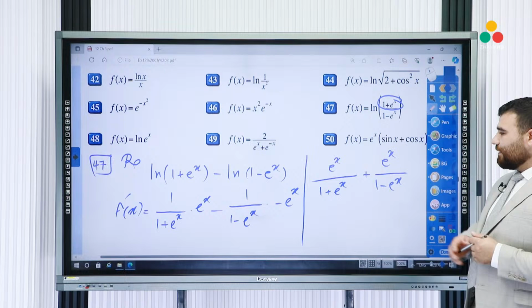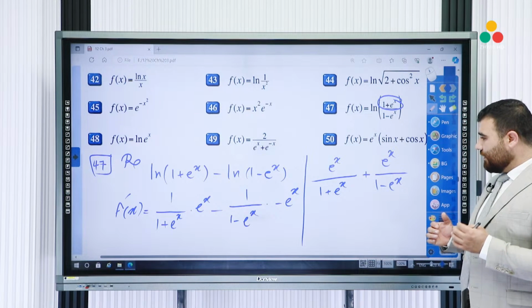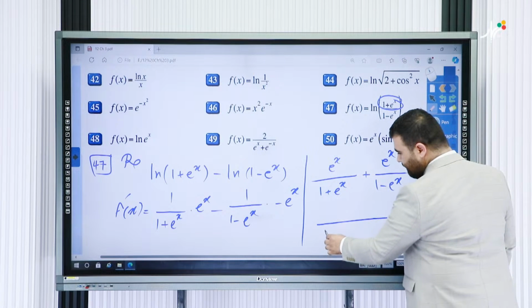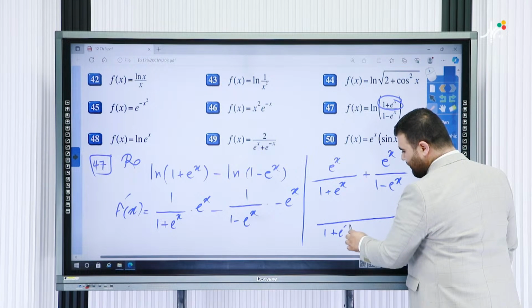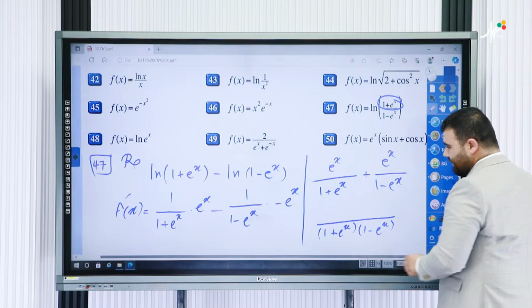Now if we need to simplify this more, we need to multiply both denominators together to make a common denominator: 1 plus e^x, 1 minus e^x.